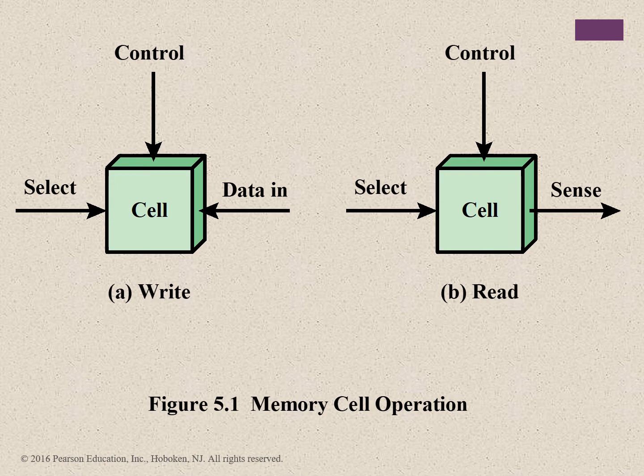Although a variety of electronic technologies are used, semiconductor memory cells share certain properties. They exhibit two stable states, which are binary 0 and binary 1. That is the two states of the semiconductor memory cells.